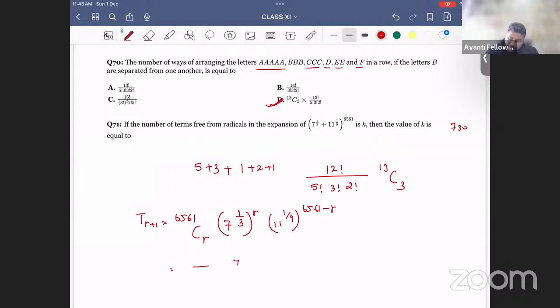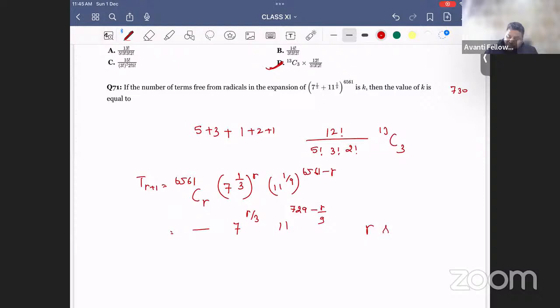So this is 7^(r/3) times 11^((6561−r)/9). So r should be what? R should be divisible by 9. Because if r is divisible by 9, it is definitely divisible by 3. So entire expression will be rational.